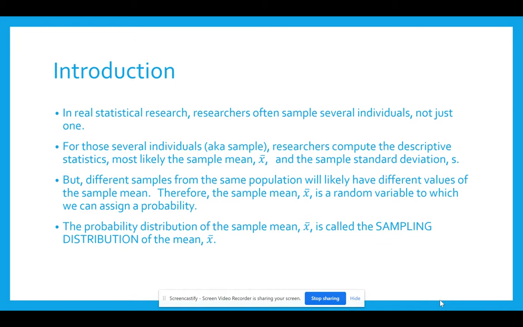The probability distribution of the sample mean, X bar, which we've been talking about in the lessons prior to this, is called the sampling distribution of the mean.